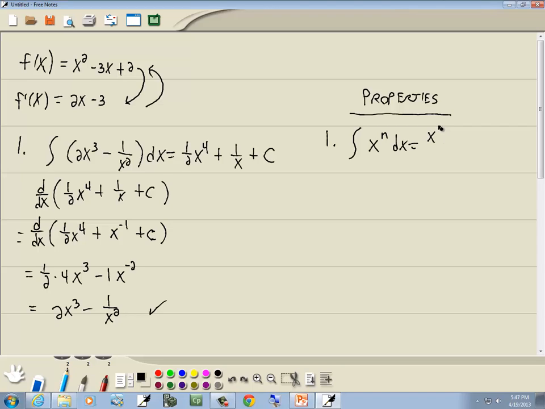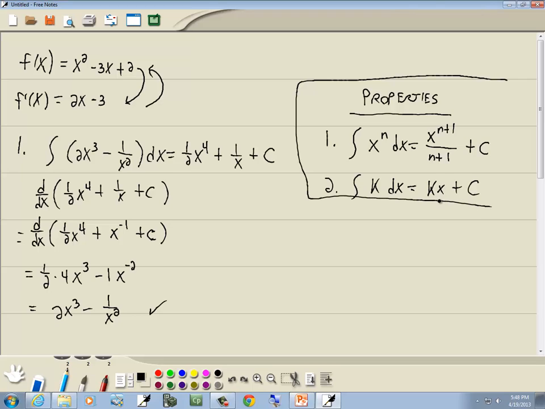So that's going to be x to the n plus 1 divided by n plus 1, and then plus c. If we just have a constant, and I'll put k there to represent any number, then you put an x on it. So this would be kx plus c. Like I say, we'll add on to that, but for now that'll get us started with this.